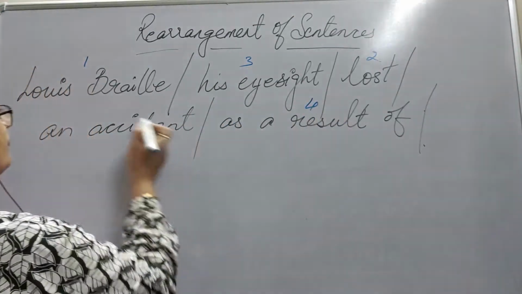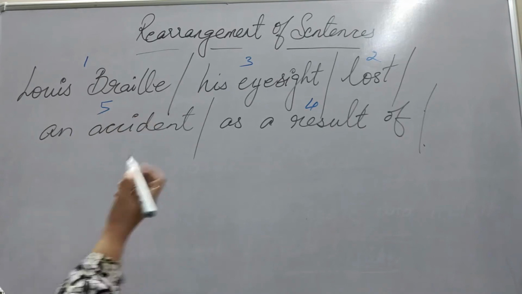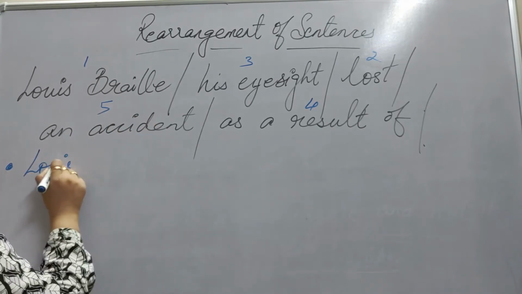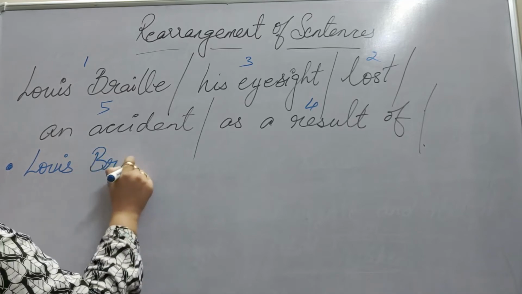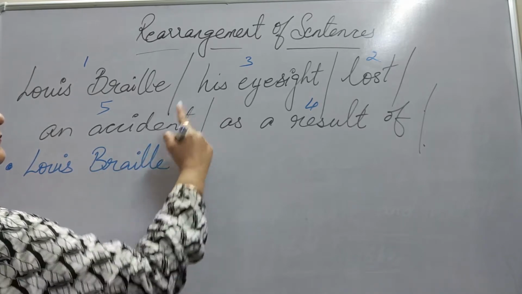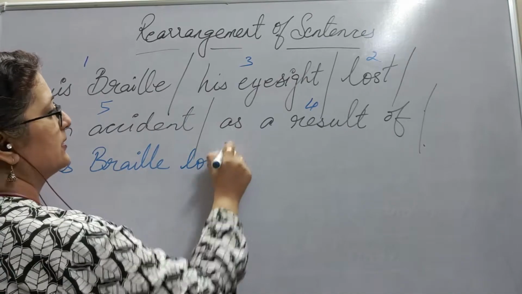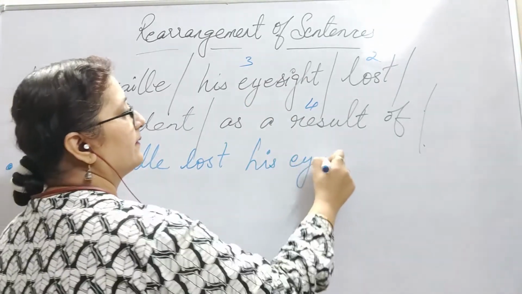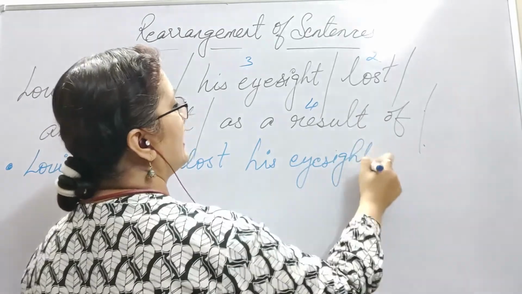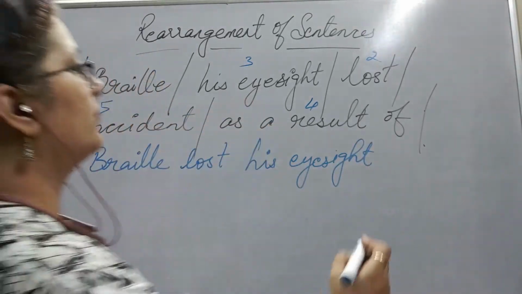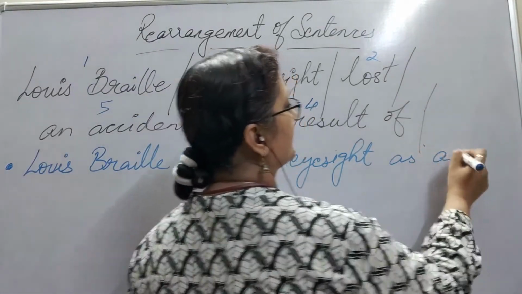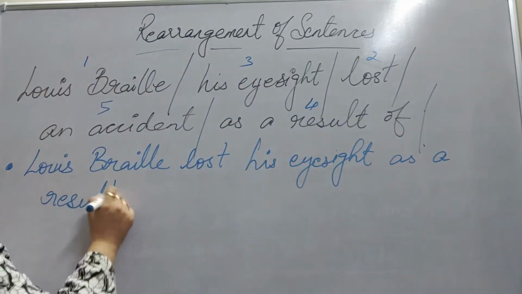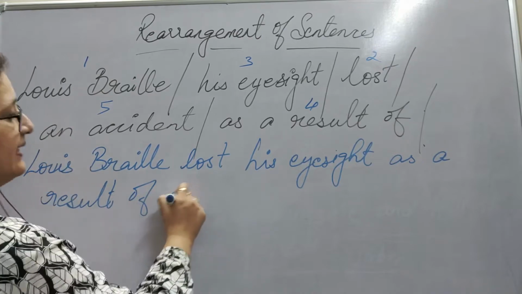Let's put it in. Louis Braille, the second one, lost. Third one, his eyesight. The fourth one, as a result of an accident.